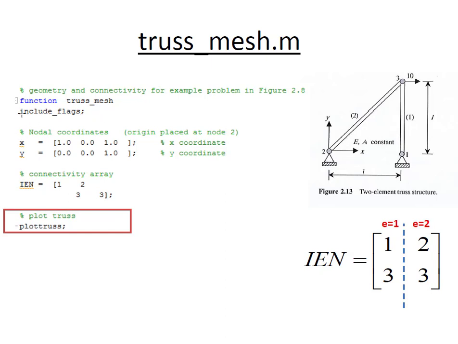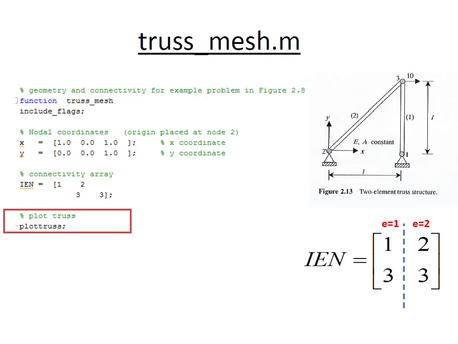So this is the function truss mesh. Within this function, you see that include_flags is called. That means that all those variables that are defined in include_flags can be updated or be available within this function. Within the X array, we're going to define the X coordinate of the nodes. In this case, let's say the origin is right here at node 2.